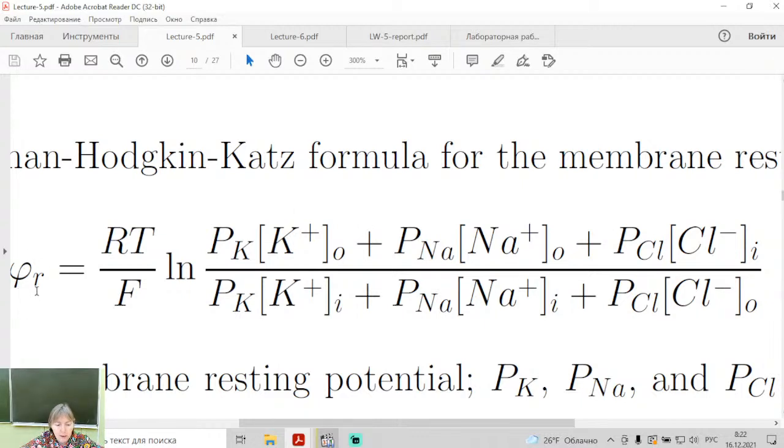Where phi r is the membrane resting potential. P K, P Na, and P Cl are the membrane permeability coefficients for potassium, sodium, and chlorine ions respectively.